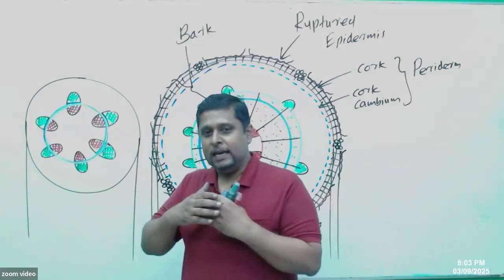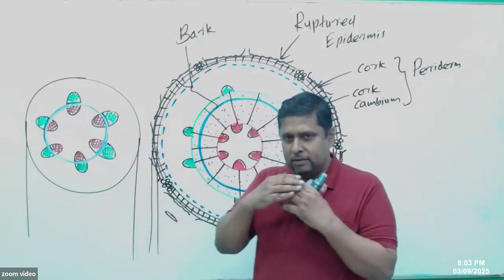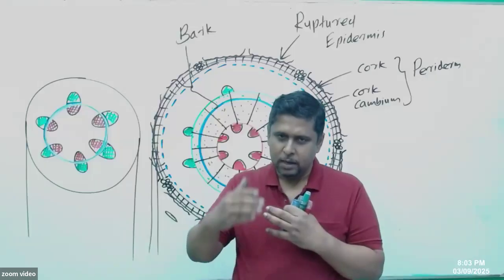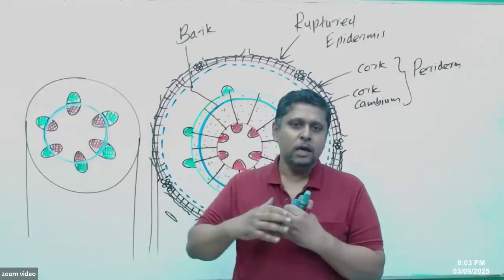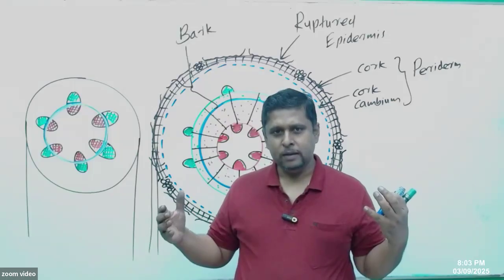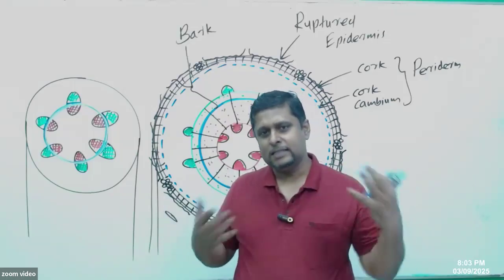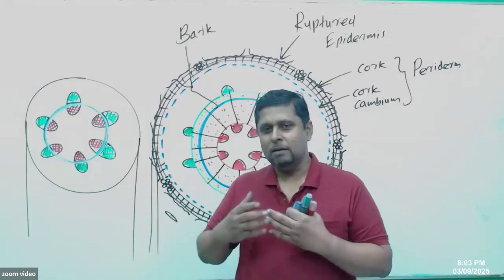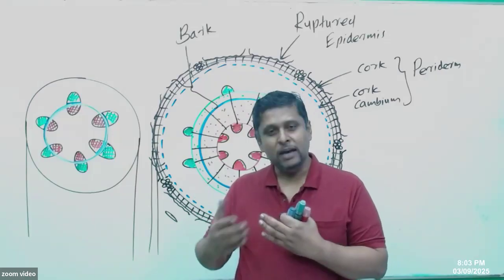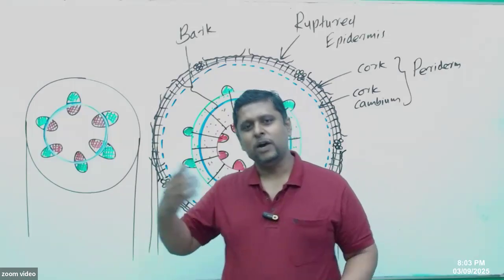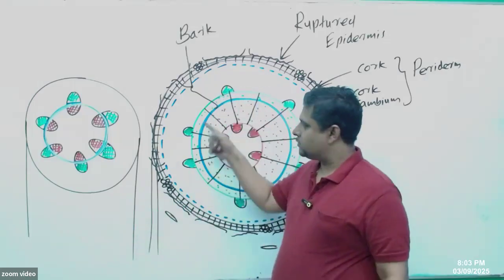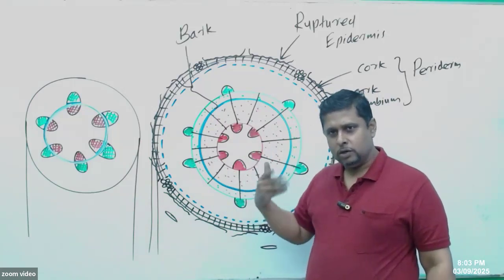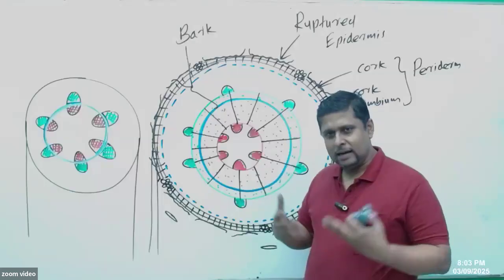So the vascular cambium activity changes from time to time. Some periods the activity is optimum and it produces more xylem. Some periods it produces less xylem. Depending on that, the amount of xylem produced can vary and some bands appear. When the vascular cambium works faster, more light color tissues are added.